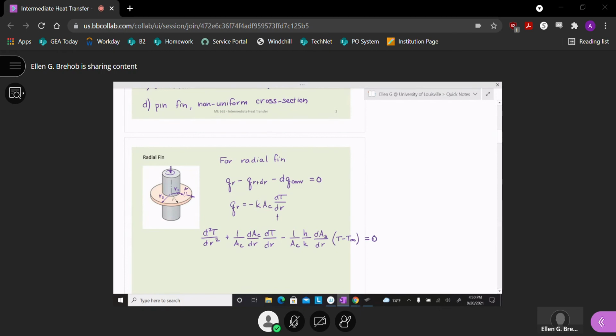If you looked back in the notes, this really looks exactly the same, except for every place I have an R here, we had an X in that first time we went through.